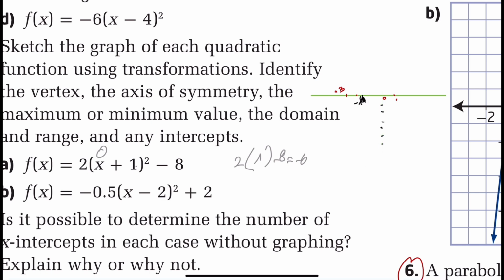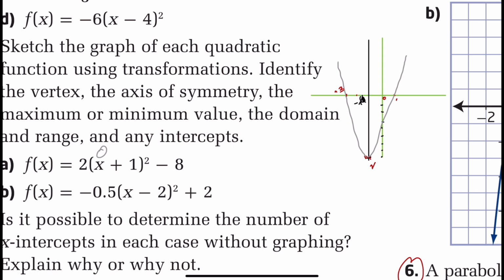My graph should touch the y-axis at -6: -1, -2, -3, -4, -5, and -6. So my graph should touch this. And this is our f(x) = 2(x + 1)² - 8. Good.